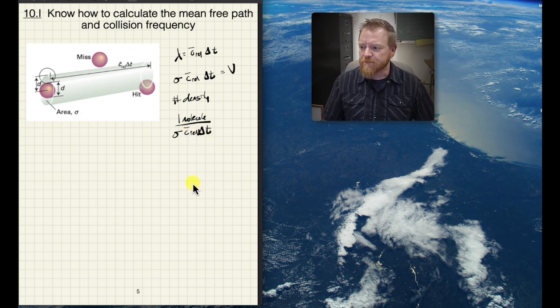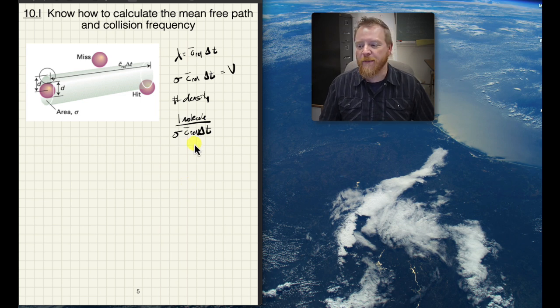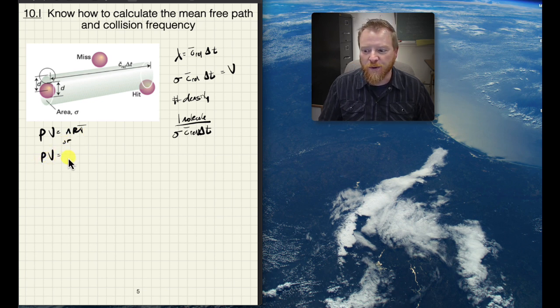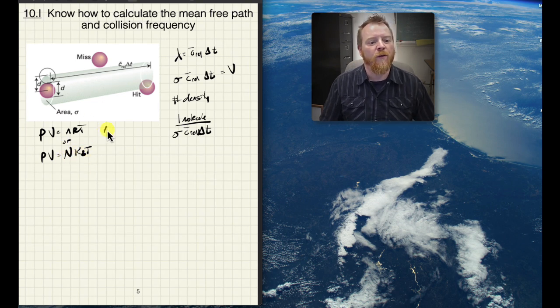Okay. So now if we think about how to compute what that volume actually will be, we can rely on the ideal gas equation, PV equals nRT, or I'm going to write this as PV equals big capital N times k Boltzmann T, where now recall little n is number of moles, big N is number of molecules.